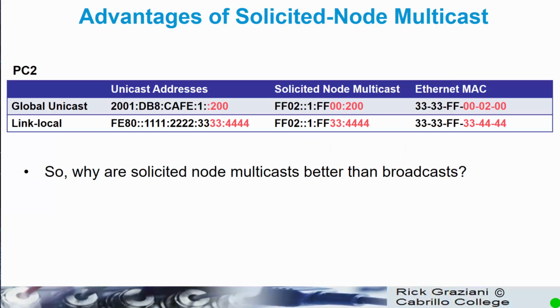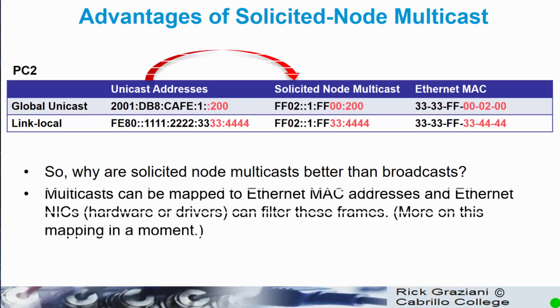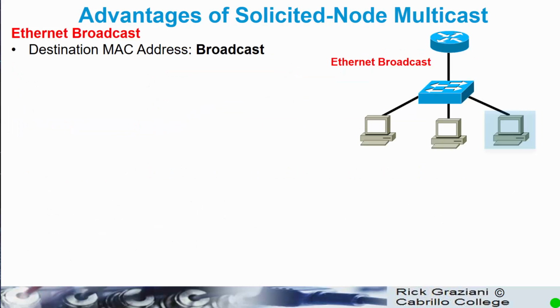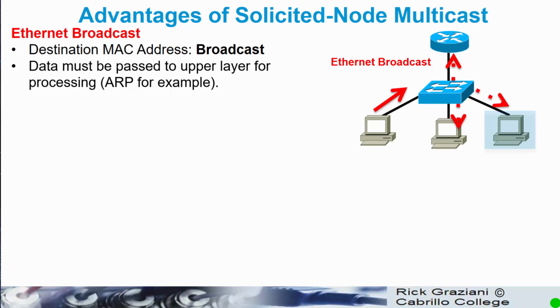So why are solicited node multicasts better than broadcast? Multicast can be mapped to an Ethernet MAC address, and the Ethernet NICs can filter these frames. This is a portion for mapping. Why is this a good thing? It's about efficiency. With broadcast, we're going to send it to everything, so data must be passed to upper layers for processing of that ARP.